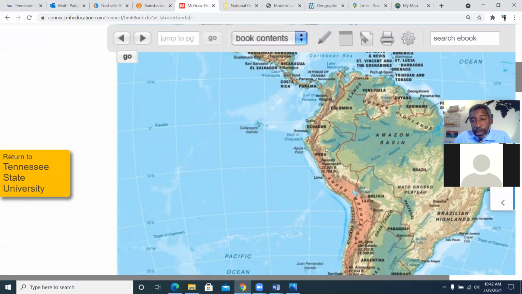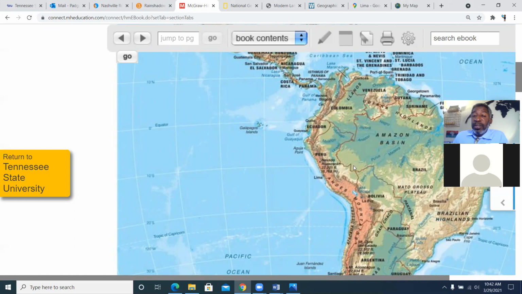So the Amazon River Basin is obviously the drainage basin for the Amazon River. The Amazon River is not the longest river in the world, but it's the largest river in the world in terms of volume. So this is a massive, massive drainage basin that is fed by those rains that are induced as the trade winds drop moisture as they encounter the Andes mountain range.